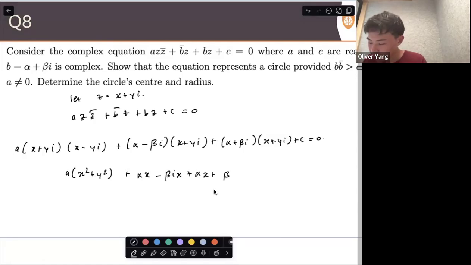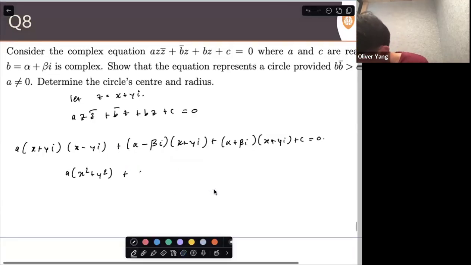I'm just doing the whole thing, but let's do it properly. I forgot the solution. So we get alpha x minus beta plus beta i.